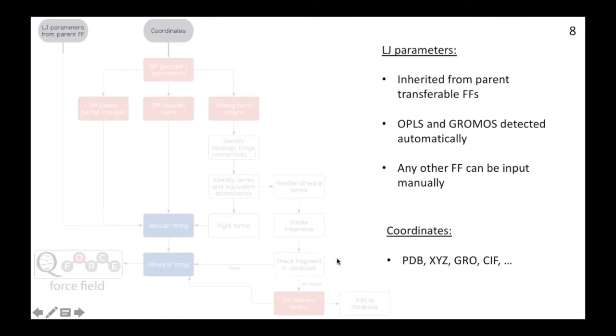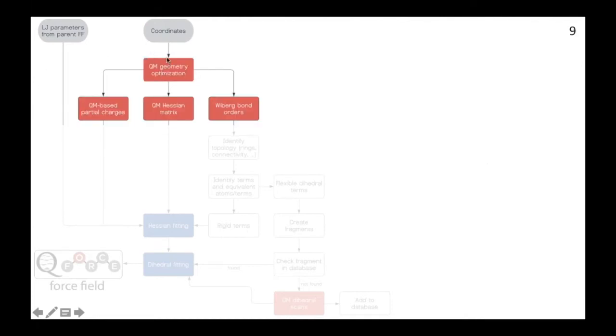So the user simply has to input a coordinate file that can be one of these many different coordinate types. And these coordinates are then used first to perform a QM geometry optimization. And the optimized geometry is then used to determine QM-based atomic charges, and also to determine the QM Hessian matrix and the Wiberg bond orders.